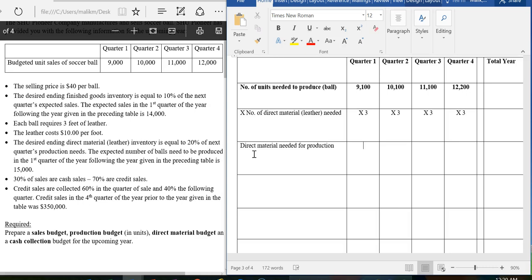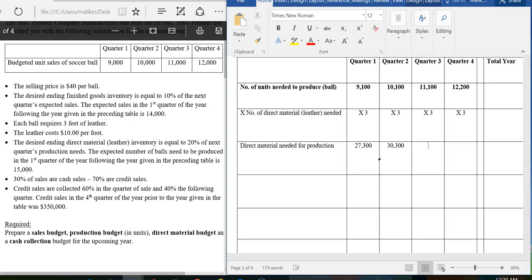So if you multiply 9,100 times 3, you will get 27,300. Then second quarter, 10,100 times 3, and you get 30,300.